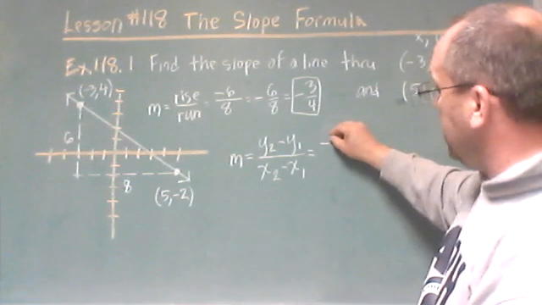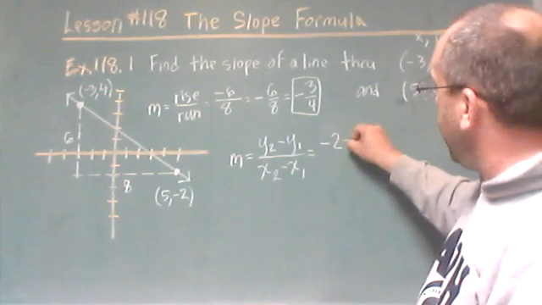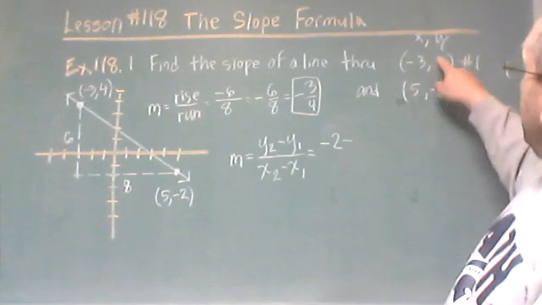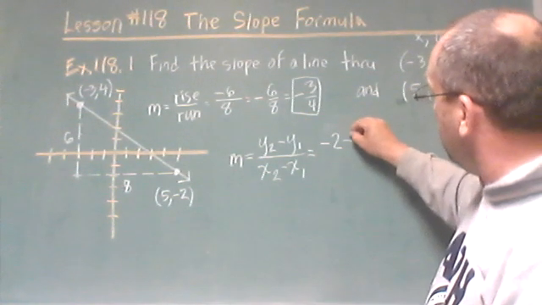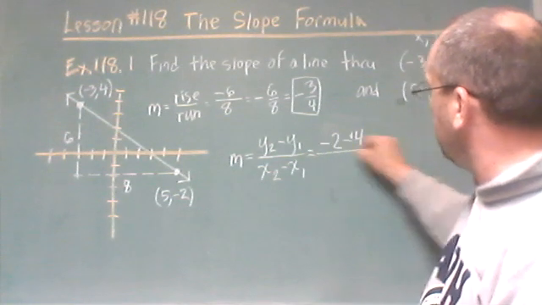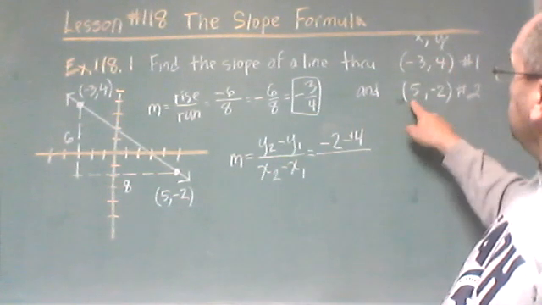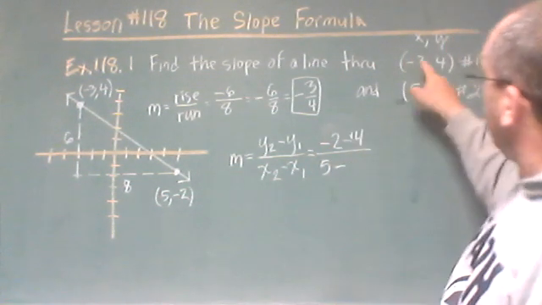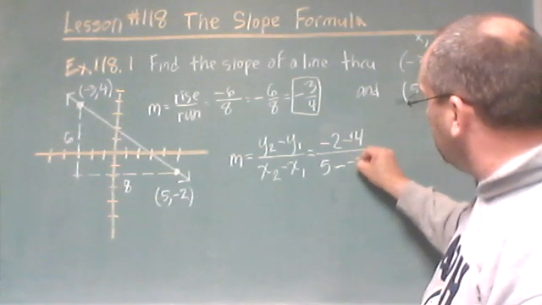Now this, you got to keep track of your plus and minus signs here. And I'm going to subtract my y coordinate for point 1. Y coordinate, point 1, is +4. You can even put that in there. Okay? And then what is my x coordinate for point 2? It is 5 minus, what is my x coordinate for point 1? It is -3.